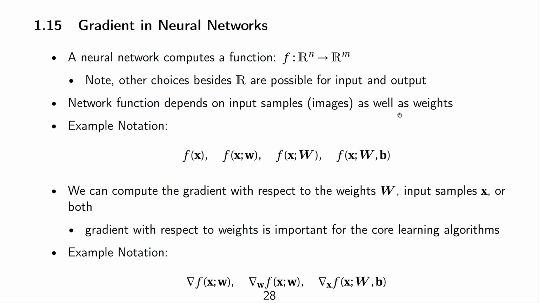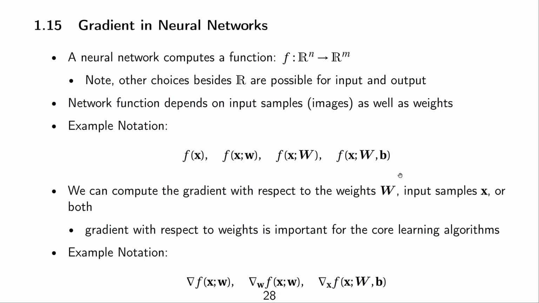The network function depends on the input samples, for example the images, as well as the network weights. So we discussed all these different notations before, but since the function of the network depends not only on the network weights, but both on the input samples and the weights, there are different types of gradients, derivatives we can compute.